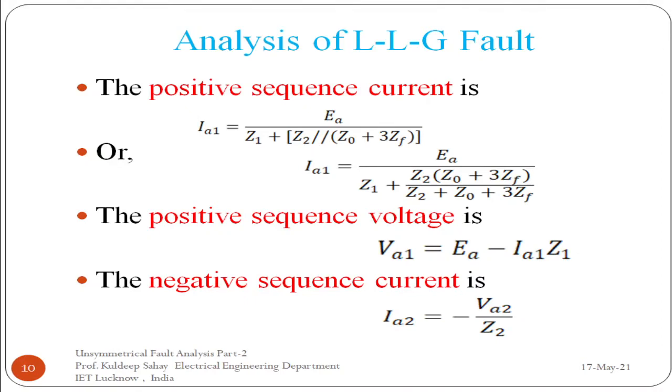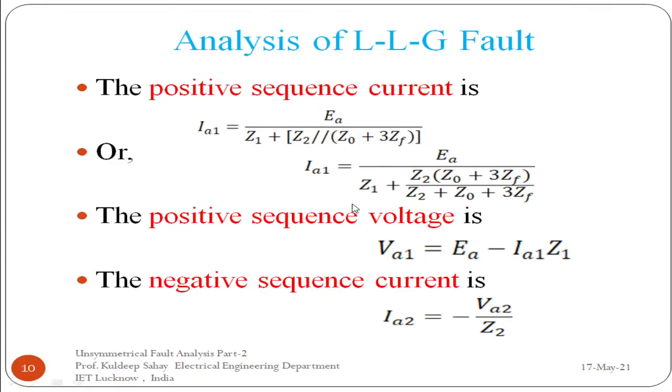Here the overall effective impedance will be higher. So in this case, compared to the double line fault, the fault current will be lower, right? But there will also be, in this case, zero sequence current.